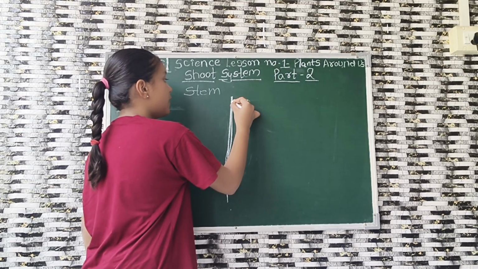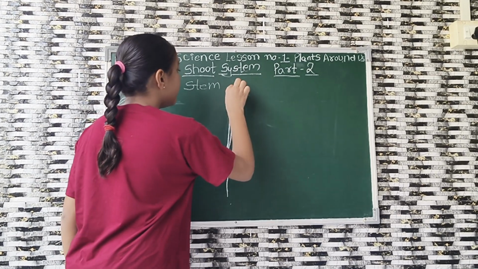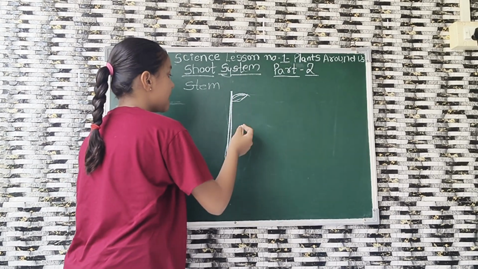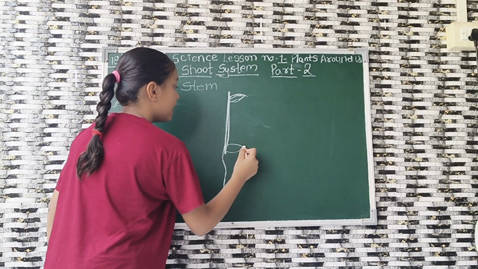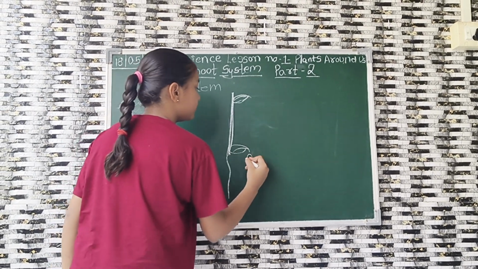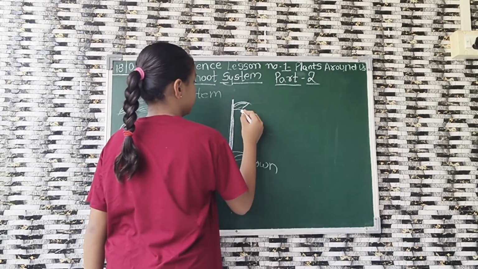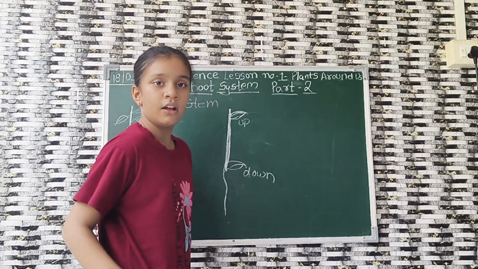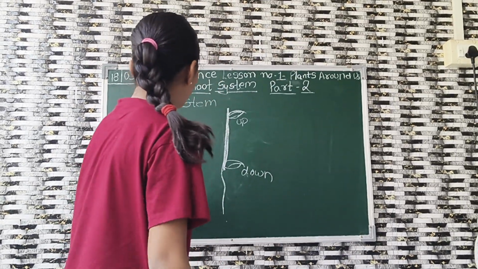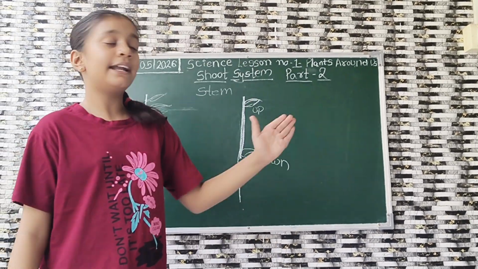Here is one leaf, for example. The stem will first carry from down to upwards. Understood? Down to upwards.